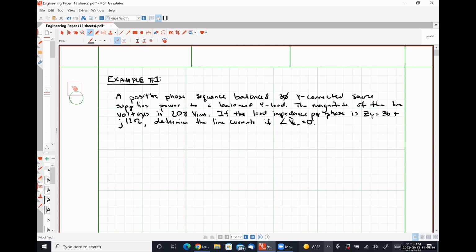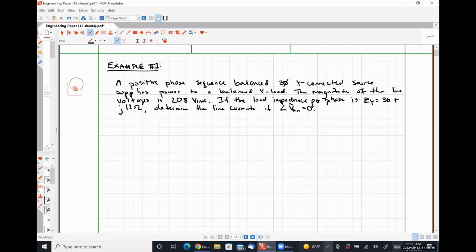Okay, so we're told we have a balanced three-phase Y-connected source. So I'm going to draw my source over here on the left-hand side. So here's VAN. VBN.